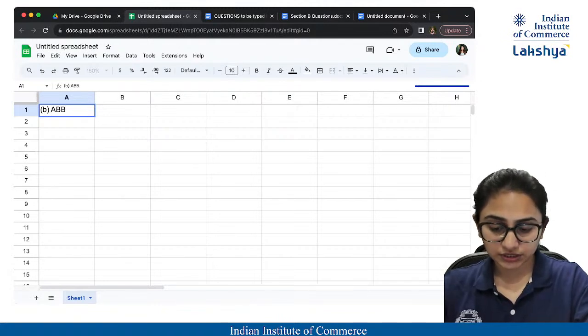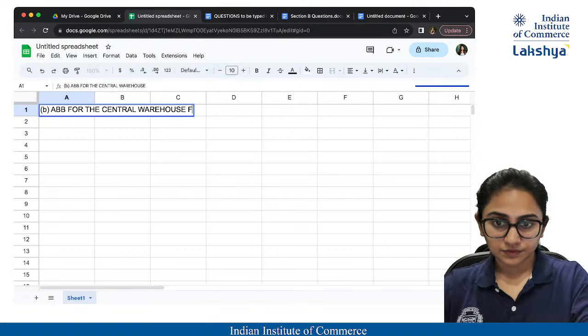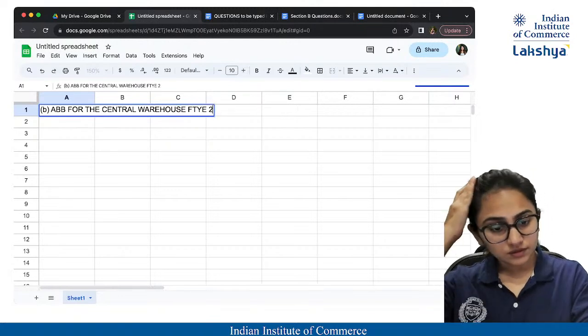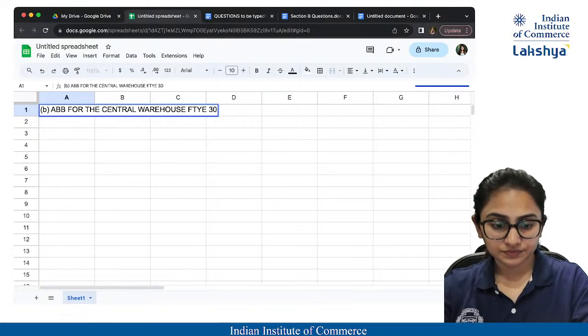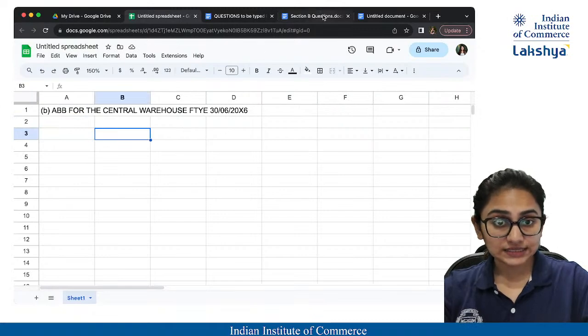Activity based budgeting for the central warehouse for the year ended 30th June 20x6. Okay, so we make the table as is given in the question.